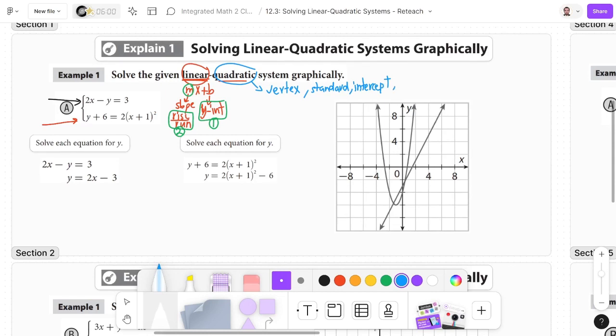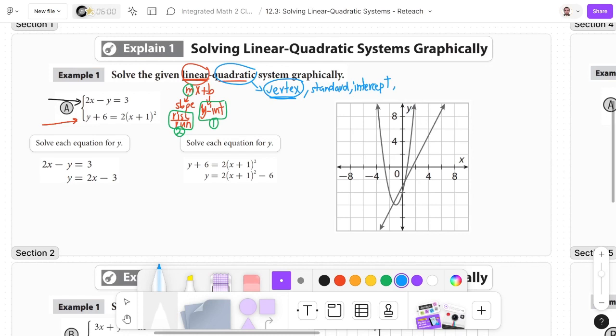If I have, let's say, the parabola, do you remember the parabola? It's similar to the vertex form. You just need to rearrange the parabola form to be in the vertex form. If you know how to convert or rearrange it into the vertex form, the graph will be easy.